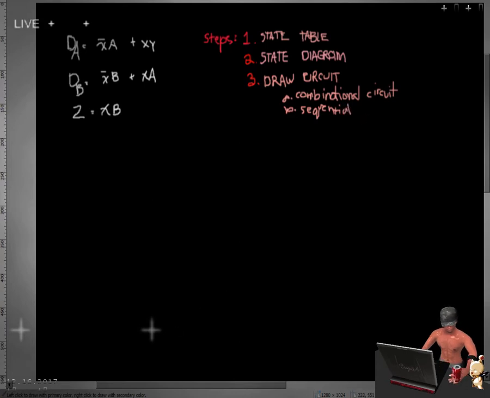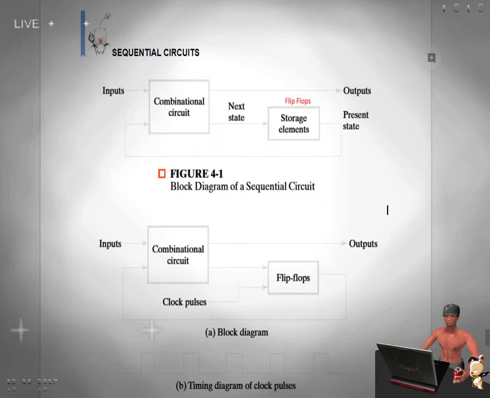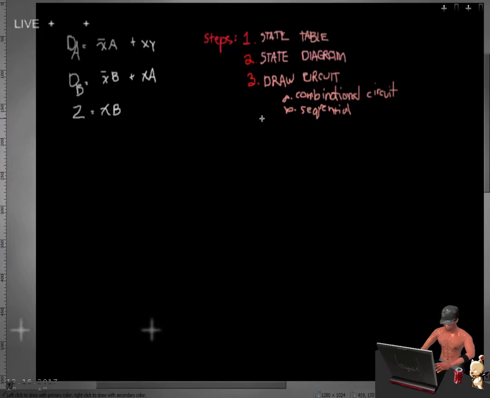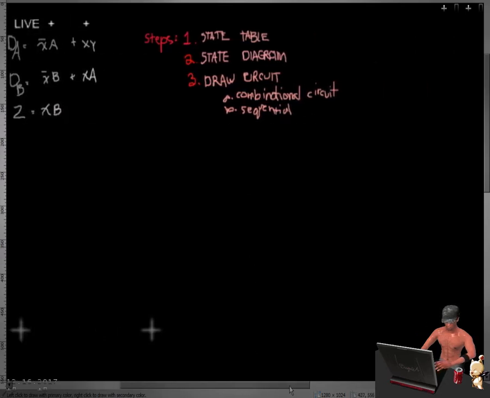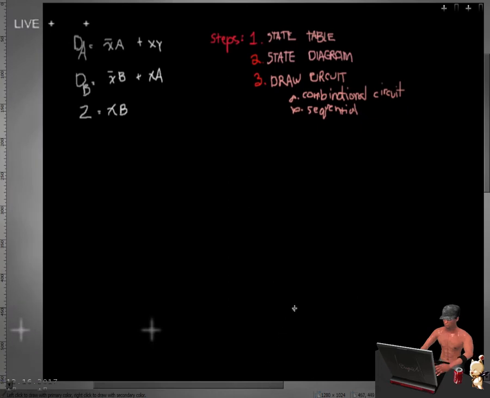Actually, we're drawing the combinational circuit and then the sequential circuit, the flip-flops. The whole thing is a sequence, so let's do that. Let's start with a state table.